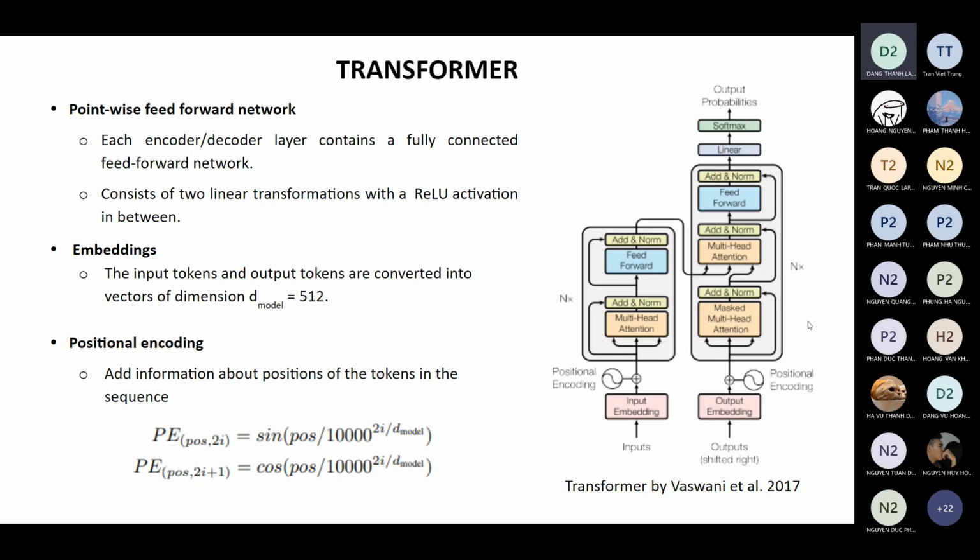To add information about the positions of each token in the sequence, sine and cosine functions are used for the positional encoding. The formula is shown on the bottom here. The pos refers to the position of the word in the sequence. The d_model means the size of the embedding, and the i refers to each of the individual dimensions of the embedding. That is, it can be 1, 2, 3, 4, up to 512. Next slide, please.